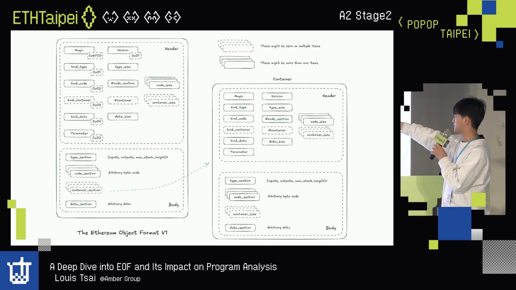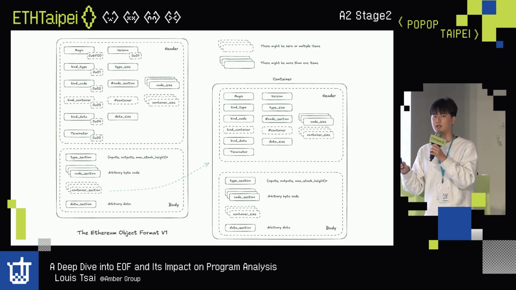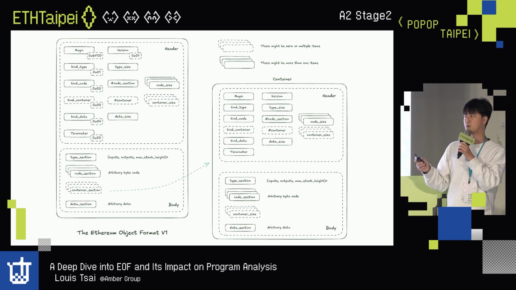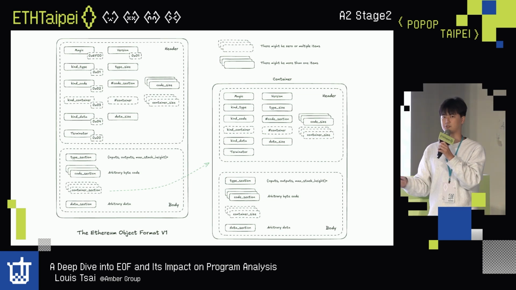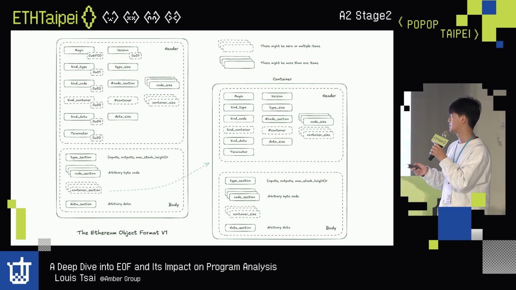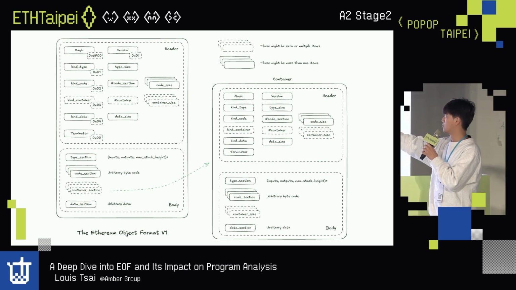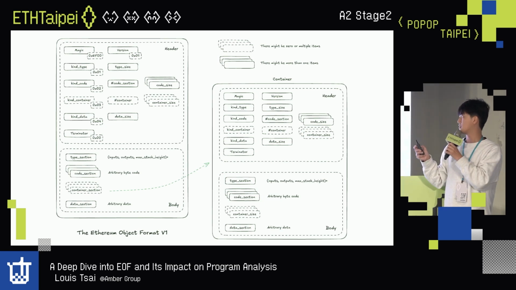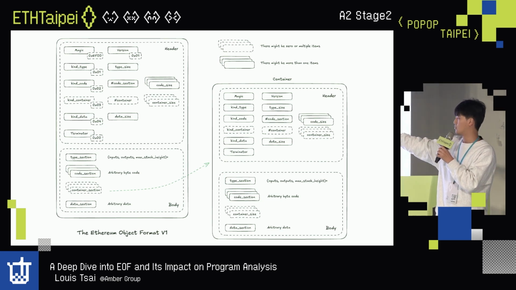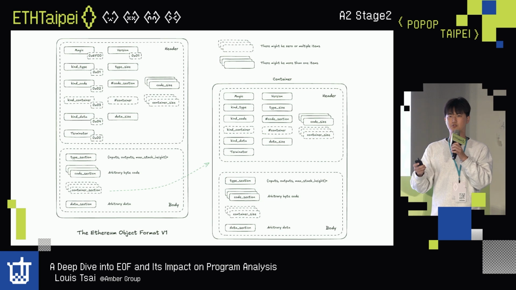First, we have the type kind. The type kind contains important information for each code section. However, we will discuss it later. Next, we have the code kind. Each code section here would represent one function in EOF bytecode.